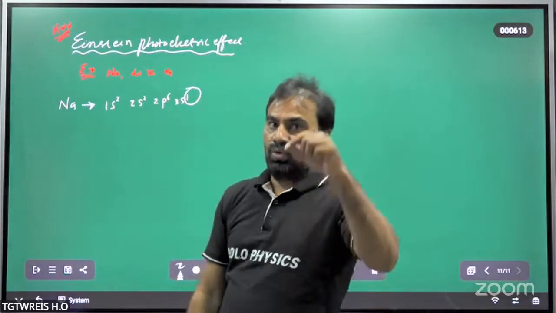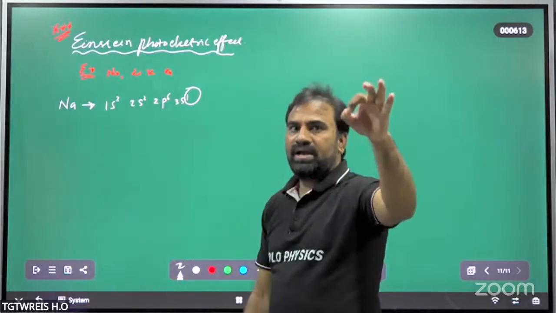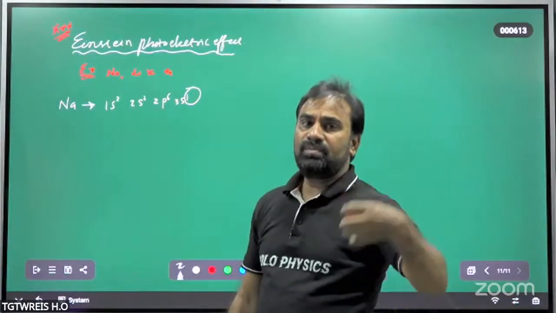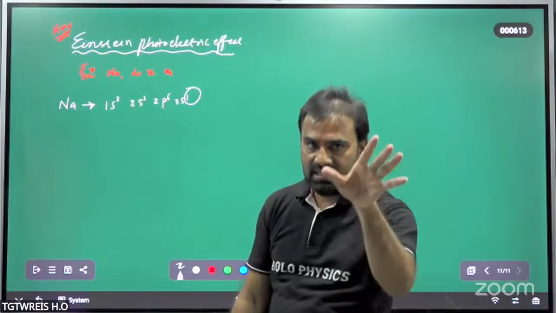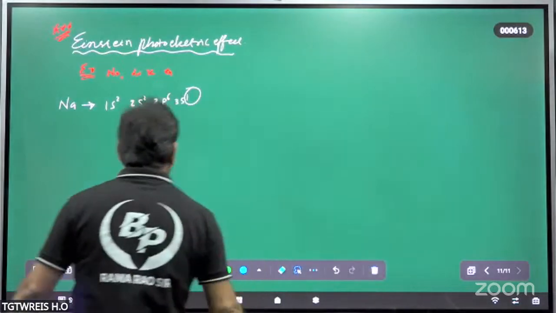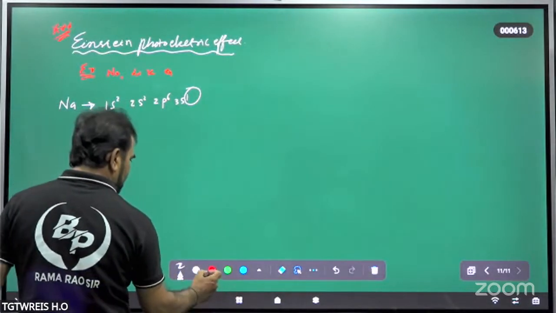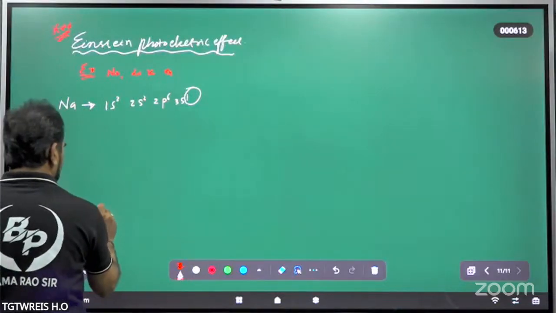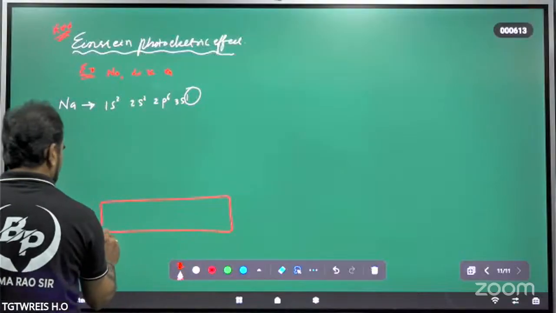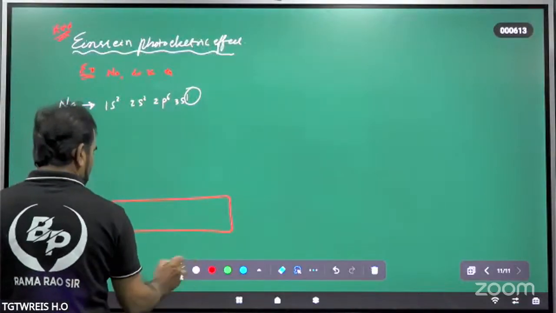When an electromagnetic wave or a photon is incident on the metal surface, what happens? Suppose this is a metal.